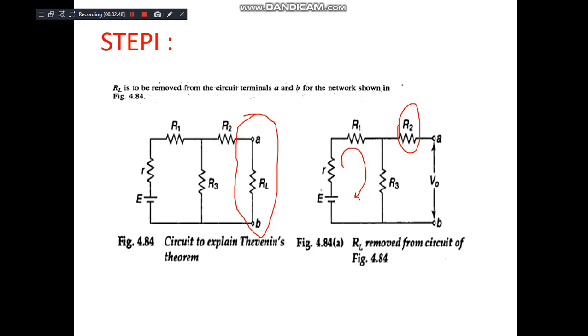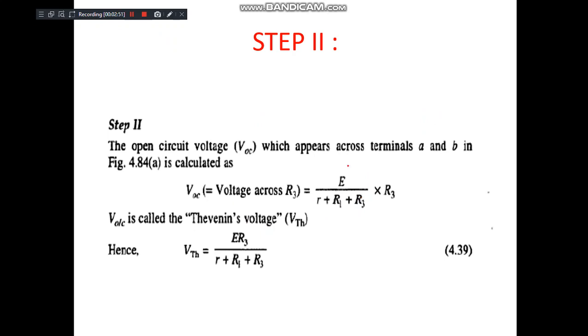So total current I is equal to E by small r plus R1 plus R3, and to get VOC, it is I into R3. Substituting the I value, VOC is E by small r plus R1 plus R3 into R3. So this is the second step.